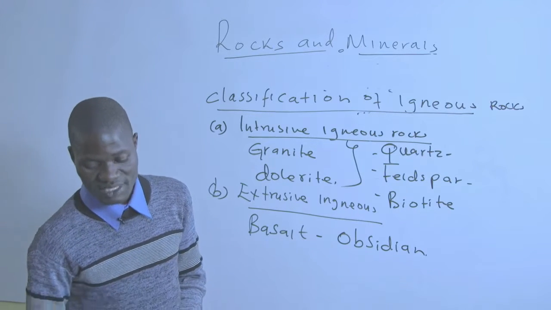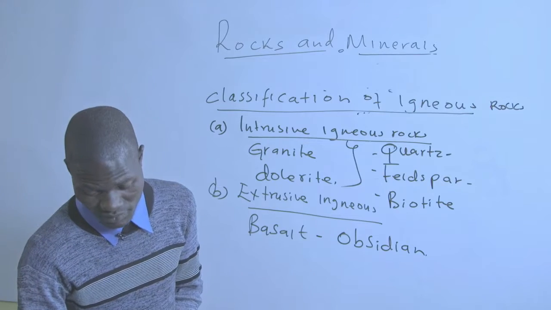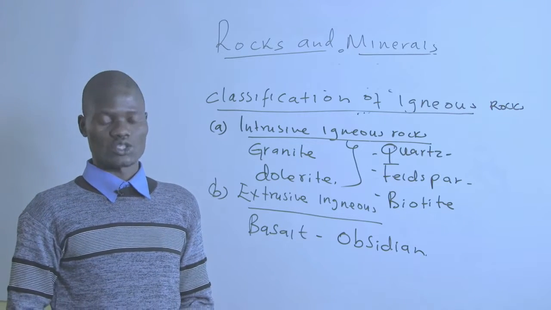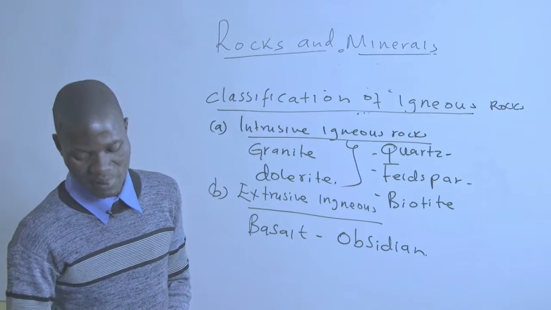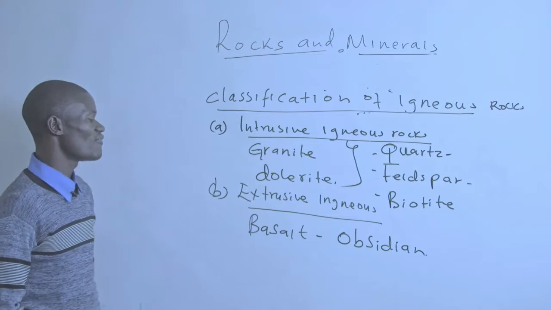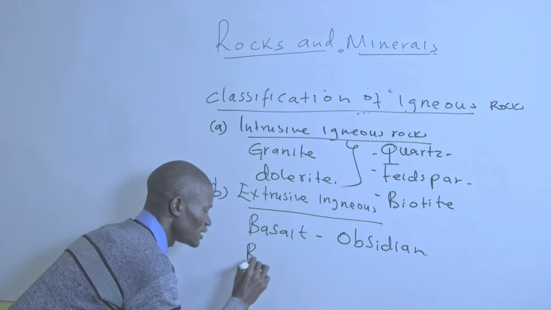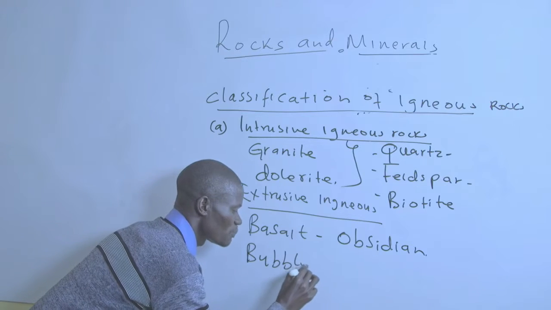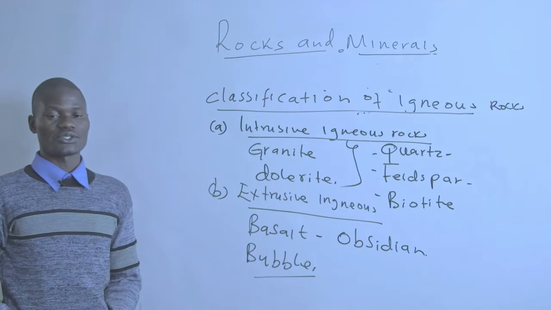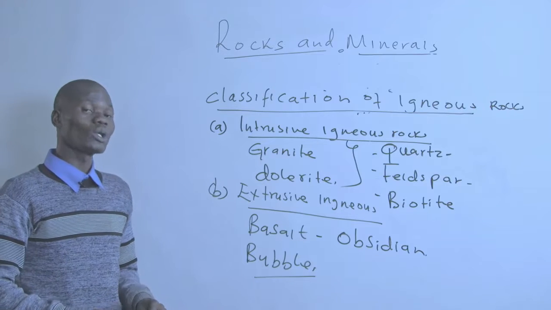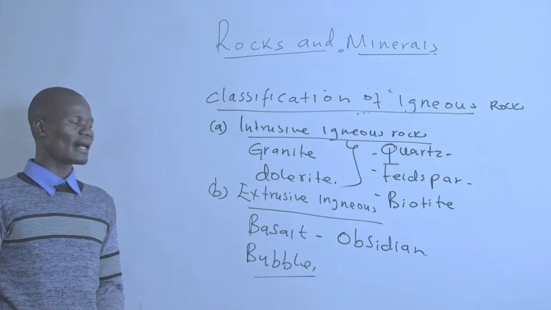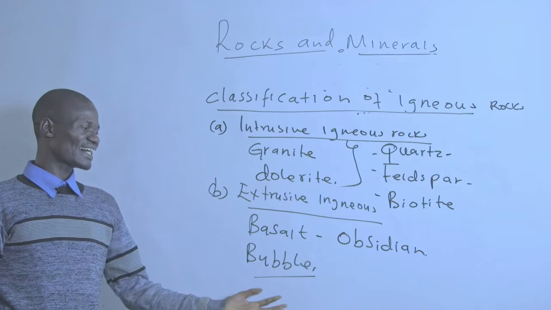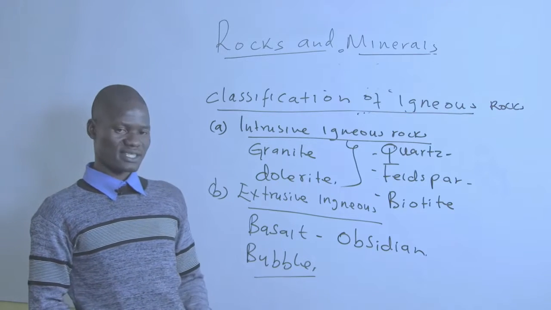Many extrusive igneous rocks have a lot of holes or air spaces because they have bubble spaces from their formation. When the magma cooled and solidified, maybe the magma interacted with a water surface.